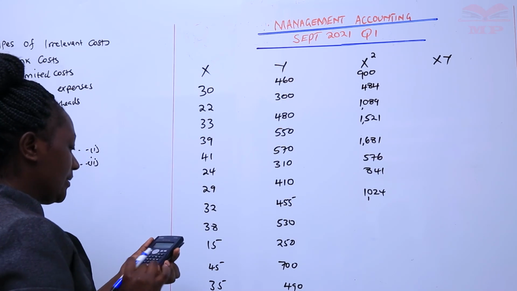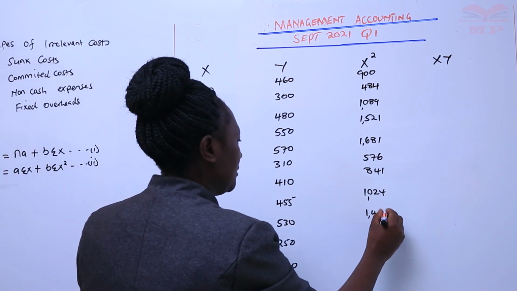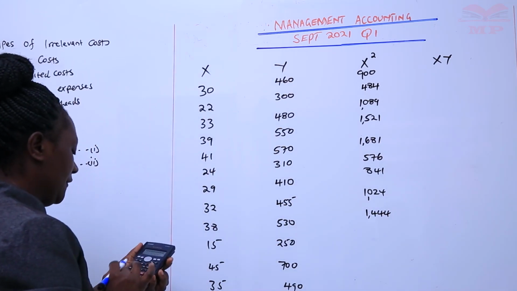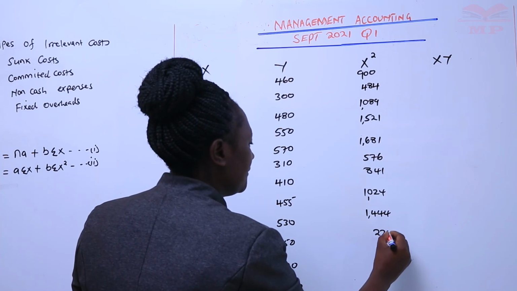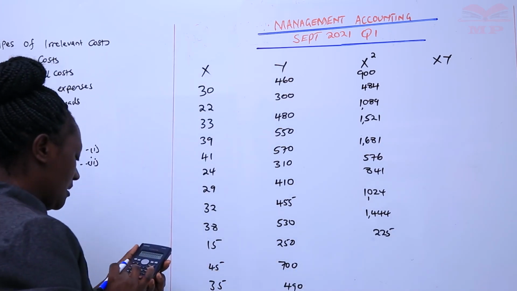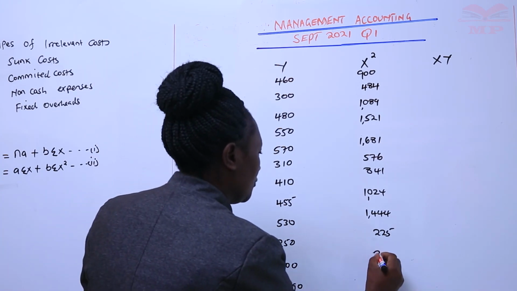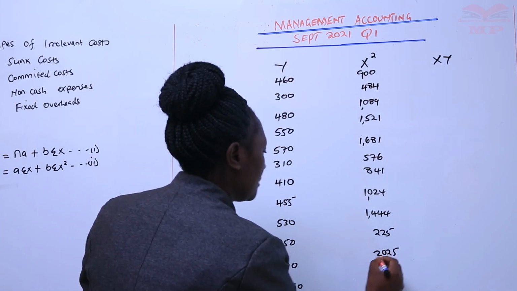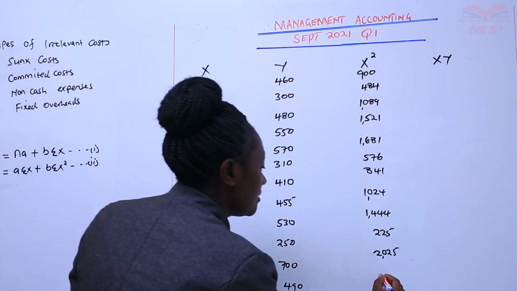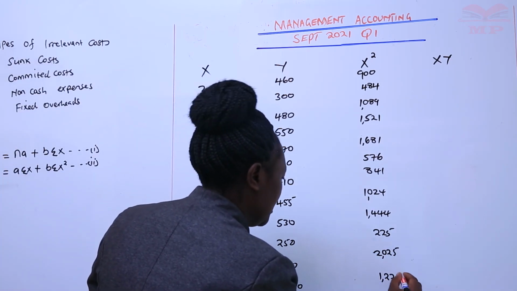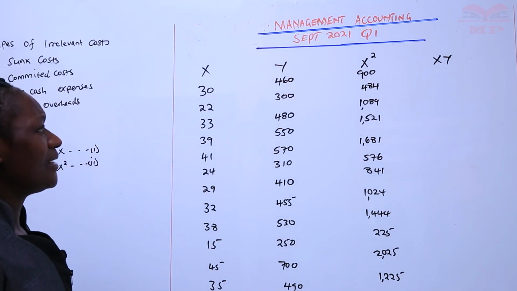Then 38 squared will give us 1444. 15 squared will give us 225. 45 squared will give us 2025. And then 35 squared will give us 1225. So that will be our x squared.